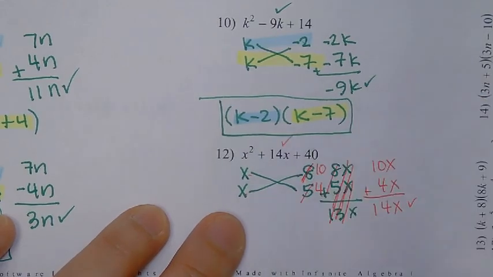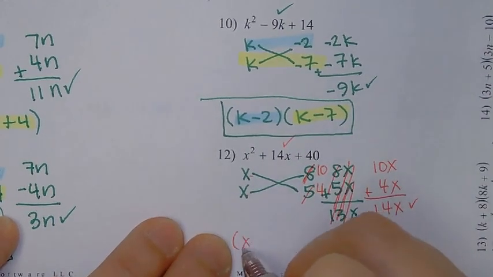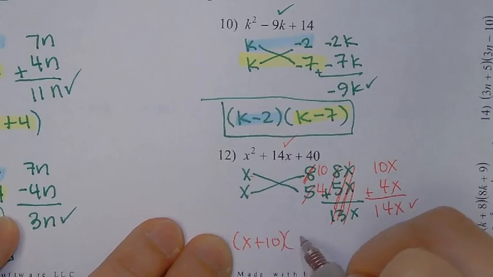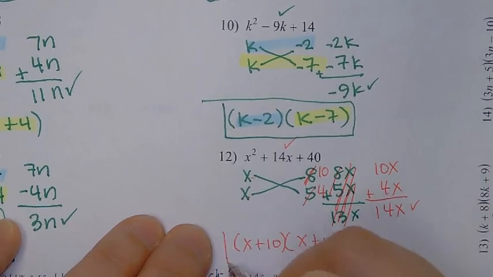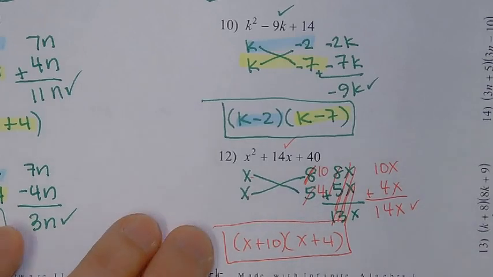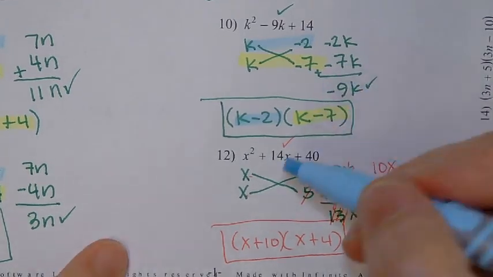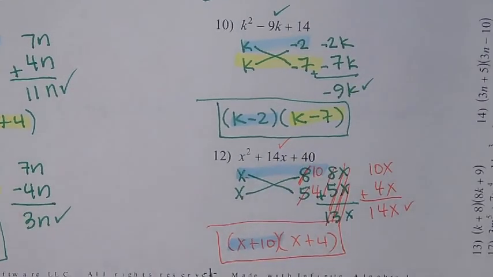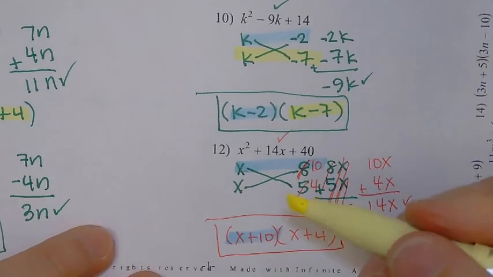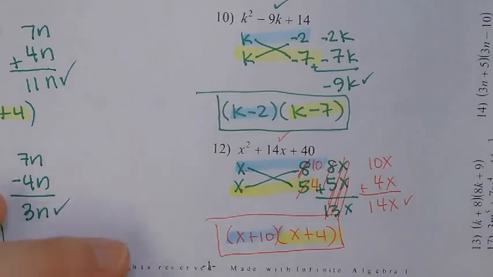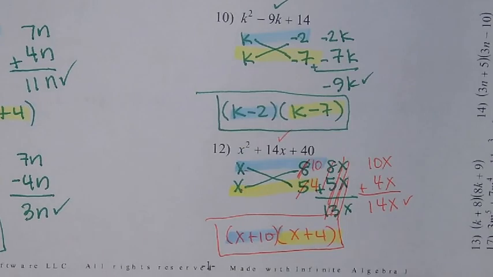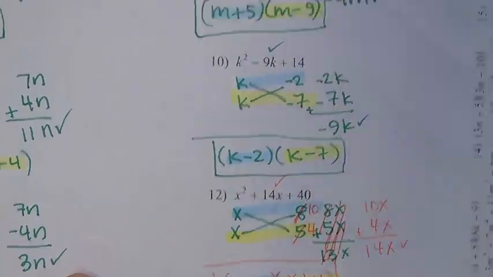So 14x and 14x, done. So we get x plus 10 and x plus 4. Still going across. It might help if you use pencil too, yeah?